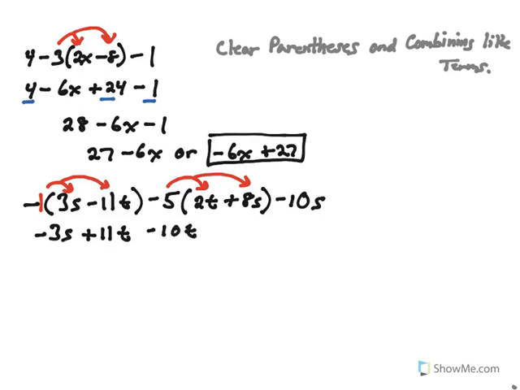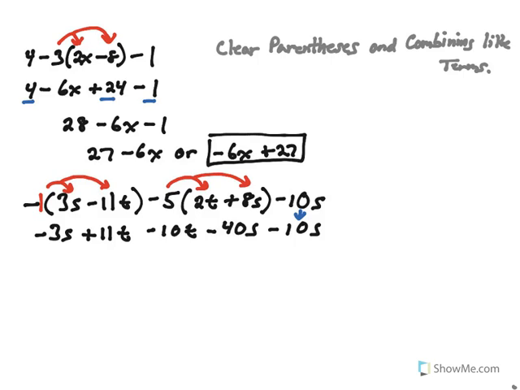A negative and a positive is a negative, so a negative 5 times a positive 8s is a negative 40s. And then, of course, the negative 10s does not get distributed because it is not in the parentheses, so we bring it down.